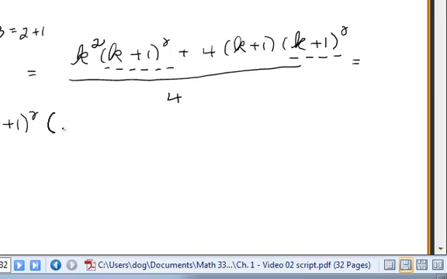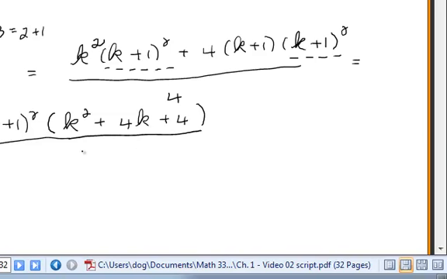times k squared plus 4k plus 4, all of that over 4. Now notice k squared plus 4k plus 4 factors.